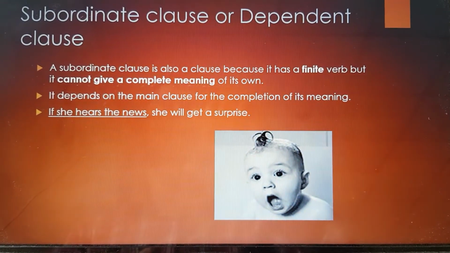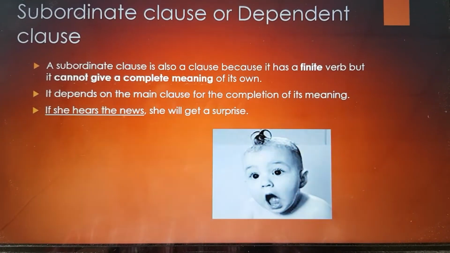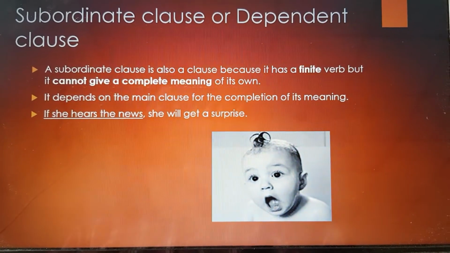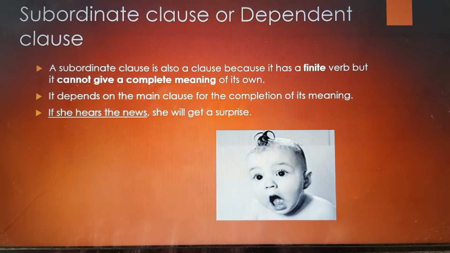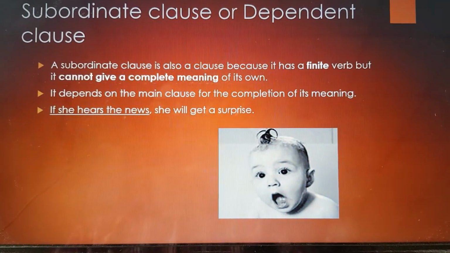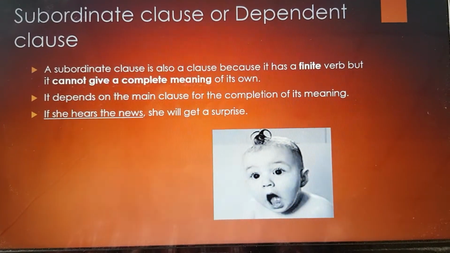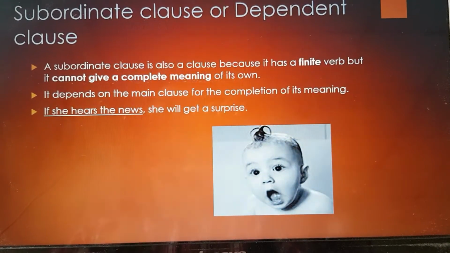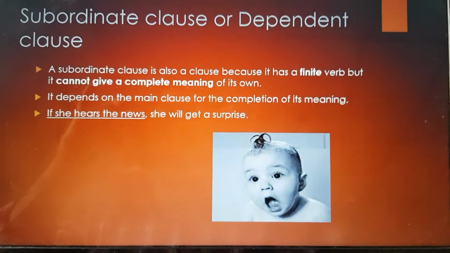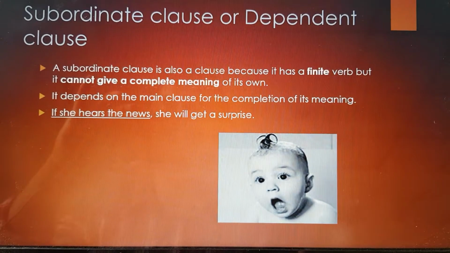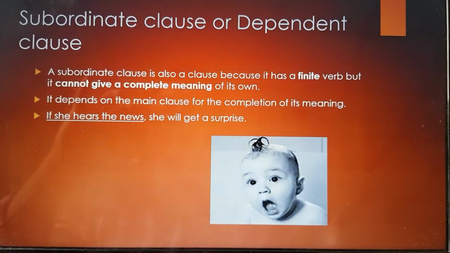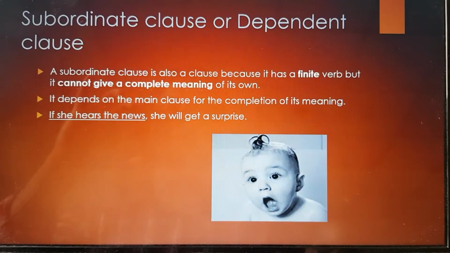So that needs to be fulfilled. Subordinate clause and dependent clause, both of them are synonyms. It can be called a dependent clause or a subordinate clause. A subordinate clause is also a clause because it has a finite verb, but it cannot give a complete meaning of its own. This clause cannot give its full-fledged meaning, and it always looks for a main clause to give a complete sense.